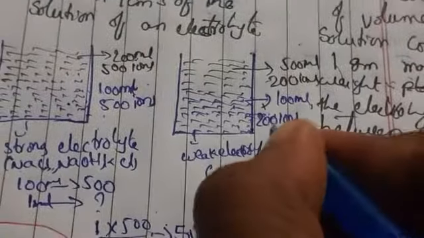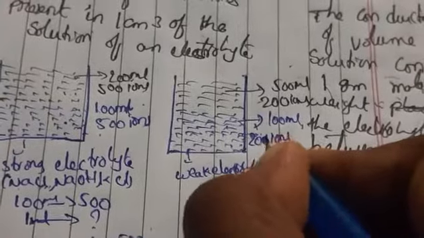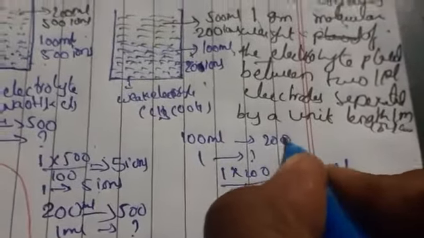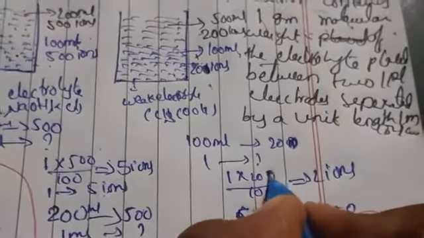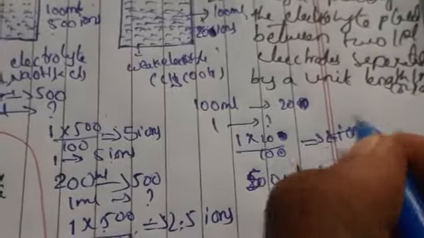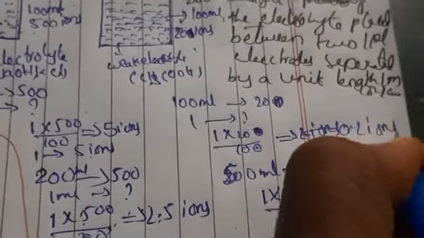So this is 20 ions. Okay, so I have taken only 20 ions. How much will you be getting? Some 0.2 ions you will be getting.